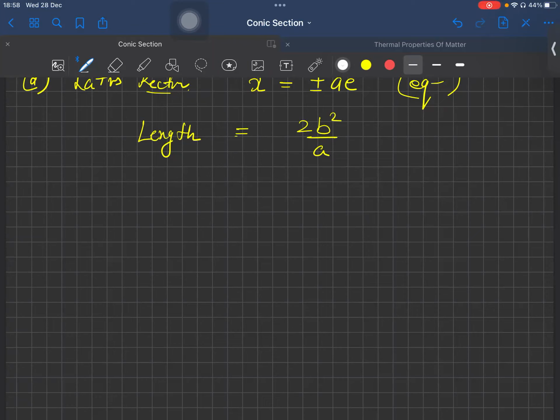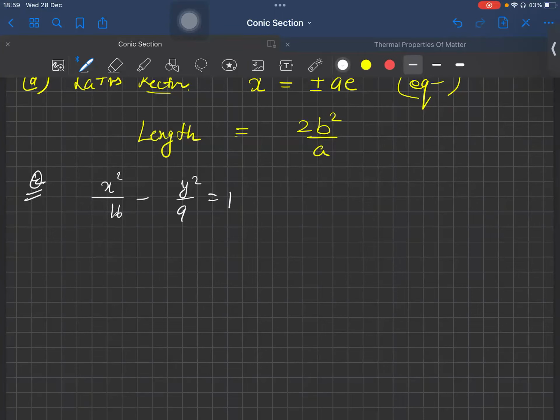Let's solve a few problems on hyperbola. Exercise 11.4. See, the eccentricity of a hyperbola is always greater than 1. Remember that. The equation of the hyperbola is given: x squared upon 16 minus y squared upon 9 is equal to 1.